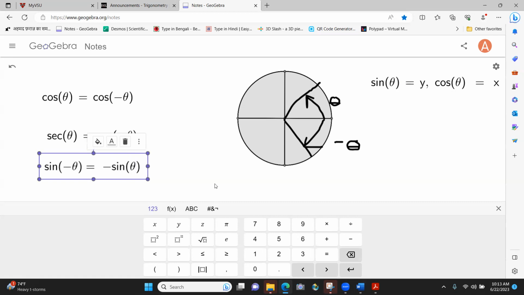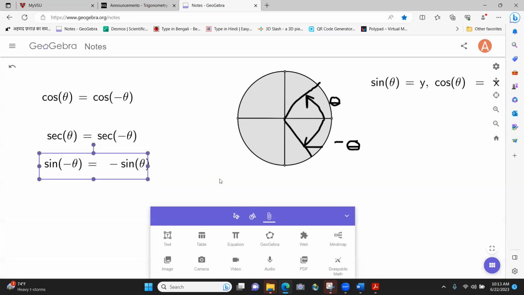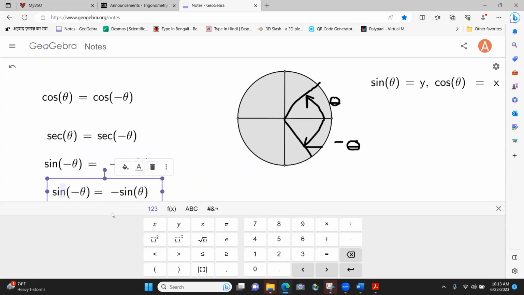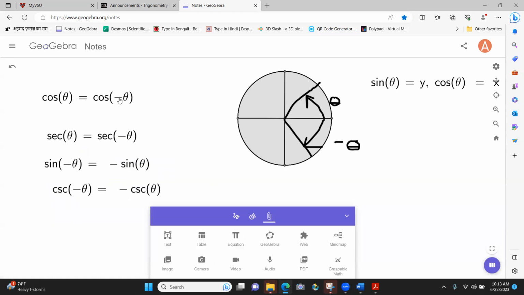All right. This is called odd and even property, and you can say the same thing for sine and cosecant. They behave the same way. So what did we learn? If you have a minus sign for cosine and secant, you can pretty much ignore it. It's just a nuisance. Get rid of it. For sine and cosecant, they're going to come out.